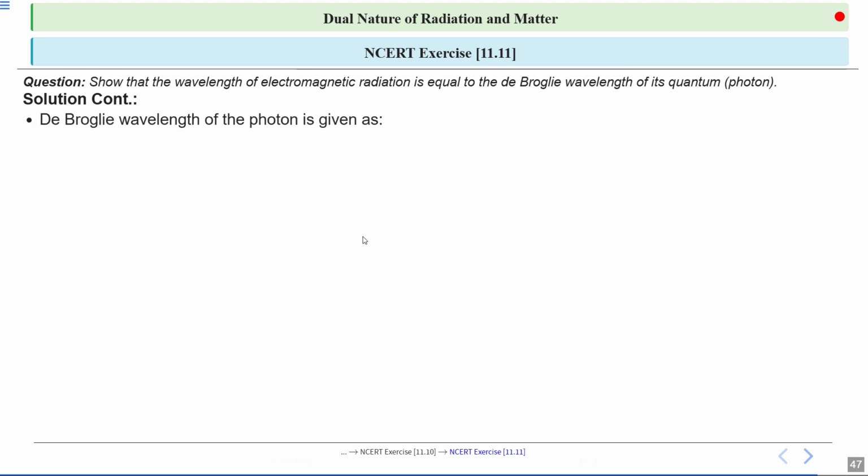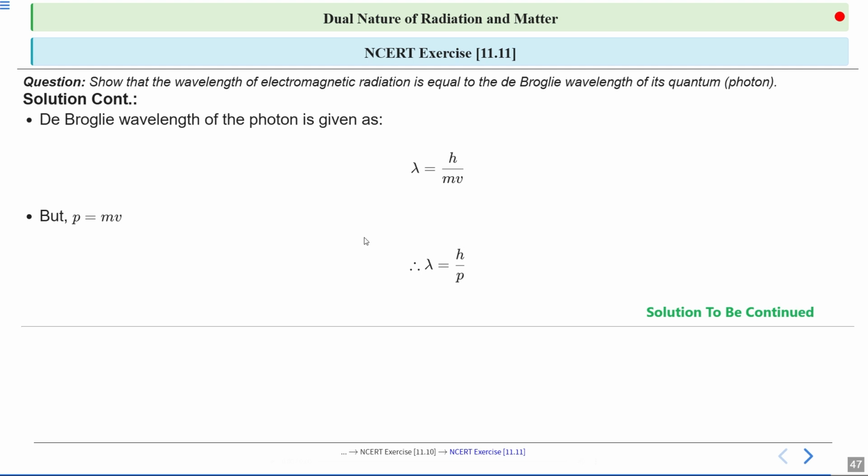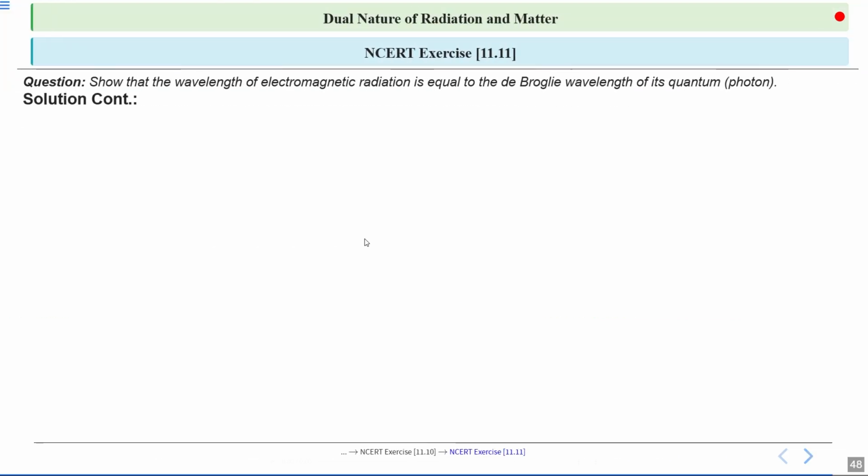Now de Broglie wavelength of the photon is given as lambda equal to h divided by mv, but p equal to mass into velocity. So lambda equal to h by p, where m is the mass of the photon, v is the velocity of the photon.